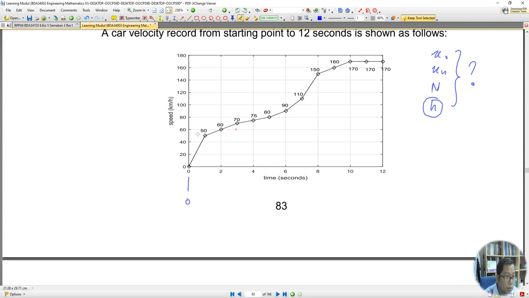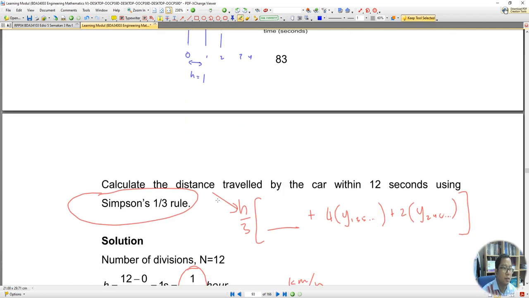Start from 0 and then 1, 2, 3, 4. So the step size is equal to 1. That's it, straightforwardly you get the step size h as 1.